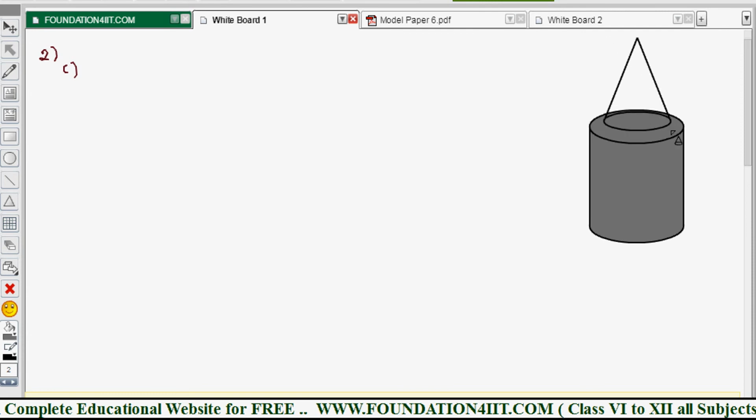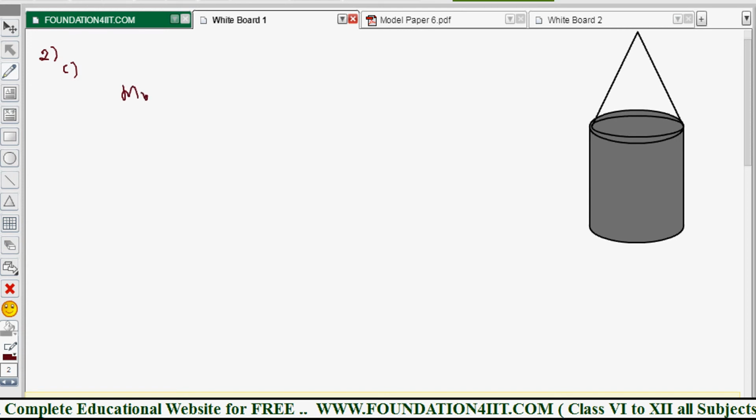Let's take it accurately. Let me take some more size, because the radius should be the same in both cases. Now this is the model.